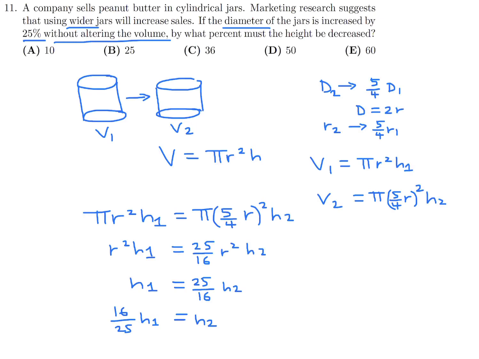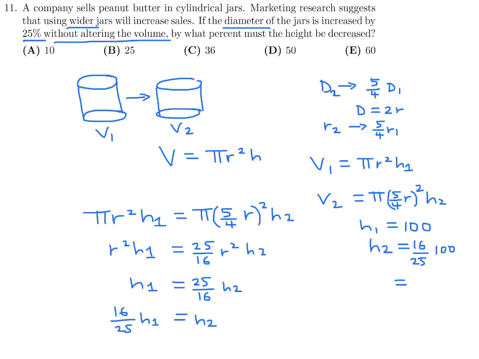So we want to know how much did the height decrease by. Let's just give them some numbers. You don't have to really, but if H2, for example, is what we're trying to figure out, let's say H1 was 100 to begin with. Well, what's H2? Well, 16 divided by 25 times 100, which would be 100 divided by 25, which is 4.